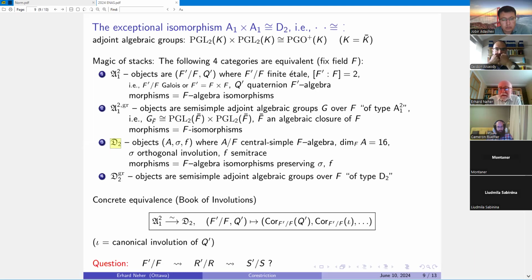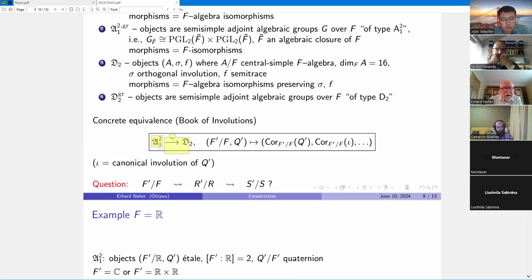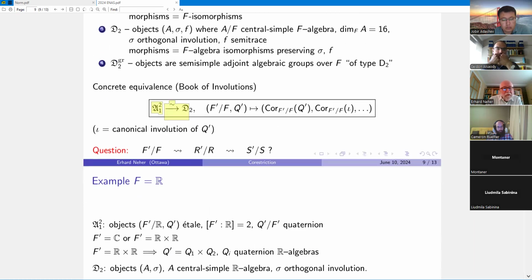Now, before I tell you more about the generalizations of corestriction, let me give you a quick example of the equivalence of the categories A1 upper 2 and D2 for the special case where the base field F is R. I think this is very useful.